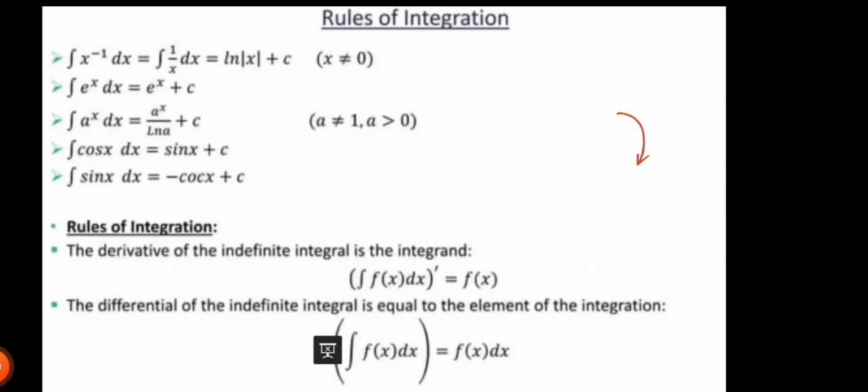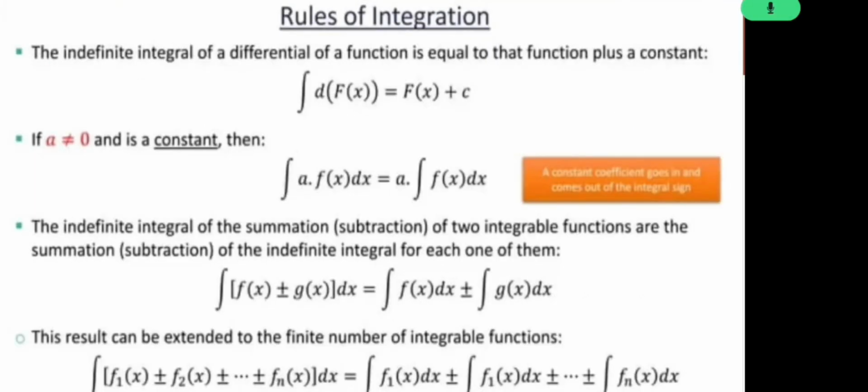Rules of integration. The derivative of the indefinite integral is the integrand. The differential of the indefinite integral is equal to the element of the integration. The indefinite integral of the differential of a function is equal to that function plus a constant.